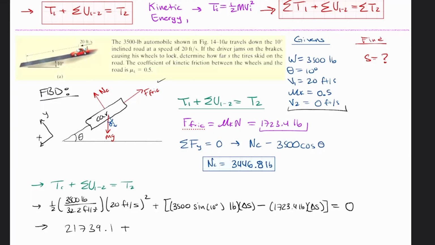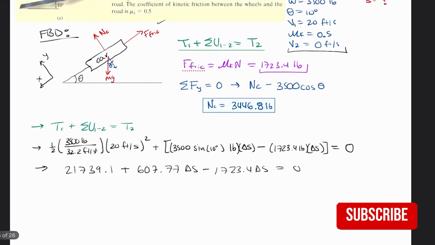This will equal 21,739.1 plus 607.77 times delta S minus 1,723.4 delta S equals 0.